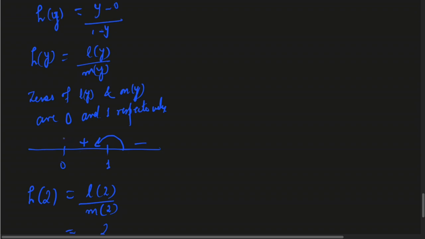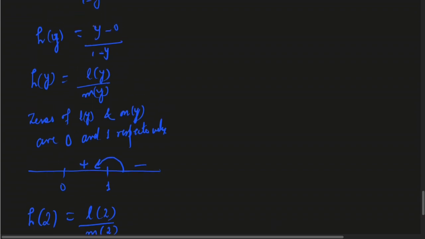Similarly, when we cross 0, the term y minus 0 will be in the picture, and the power of y minus 0 is 1 itself, that is an odd number. So when the number is odd, we change the sign again. Here it is positive, so we will change it to negative.